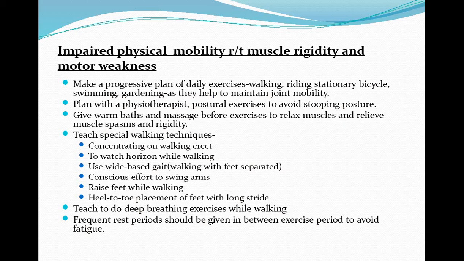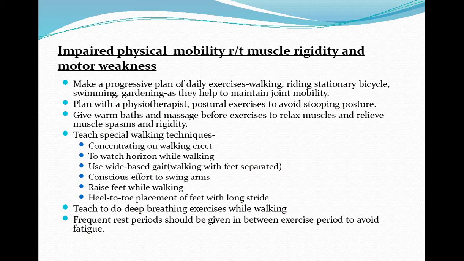Next, we can plan with the physiotherapist the postural exercises to avoid stooping posture, because the person is stooping over, so we have to teach him to walk erect in a straight posture. Give warm baths and massages before exercises to relax muscles and relieve muscle spasms and rigidity.